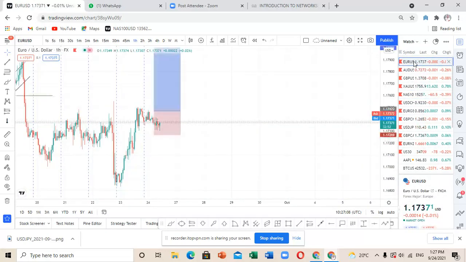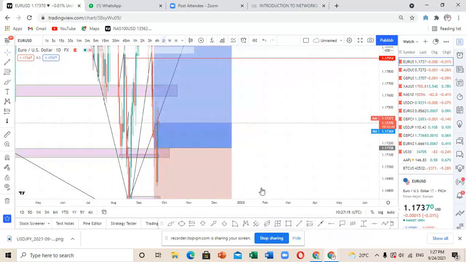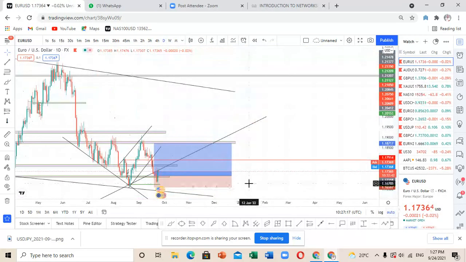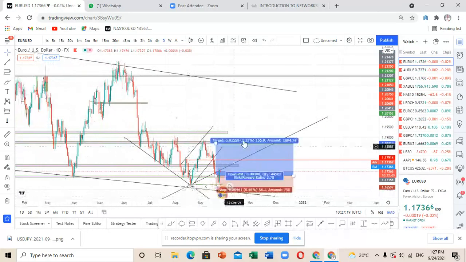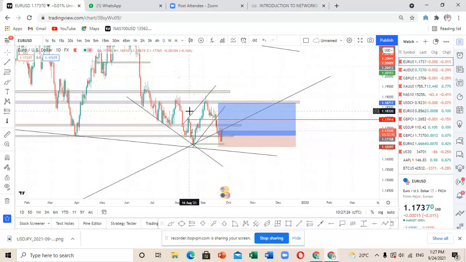Okay, now let us move to the EUR/USD. Looking at EUR/USD from the daily time frame, I think I talked about it around last week when we were analyzing it. You can see that after touching these particular areas, the market moved high to these levels.